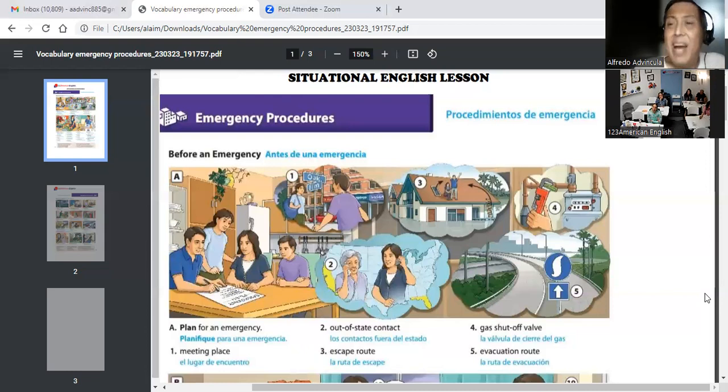Valve. V-A-L-V-E. Gas shut-off valve. And this is very, very important. So if you own a house, you should know where your gas shutoff valve is. In the event of any kind of emergency, you can use a wrench and you can shut it off.